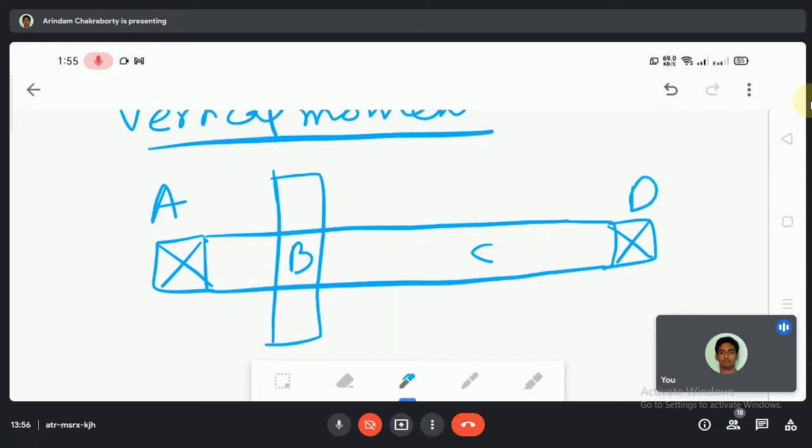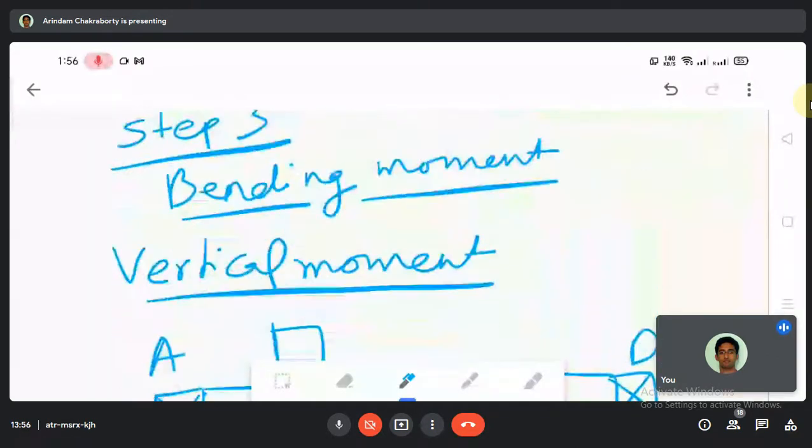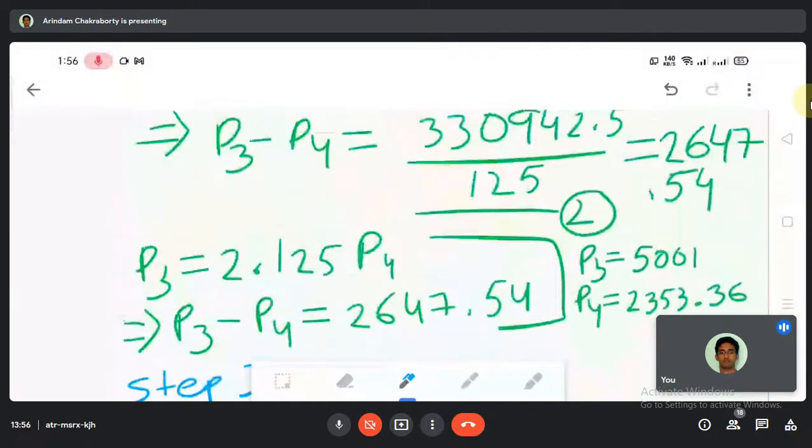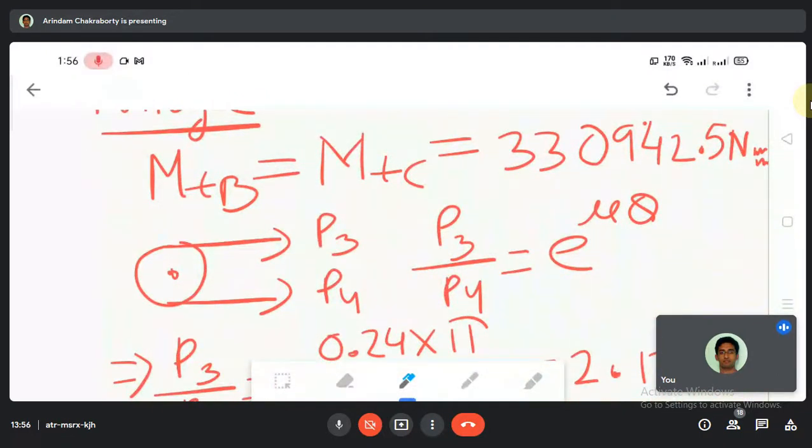Now here comes the main thing. Now you may ask, sir, where is pulley C? Why have you not considered pulley C? Now try to understand why I have not considered pulley C. As we know, pulley C is nothing but a force in the horizontal direction.